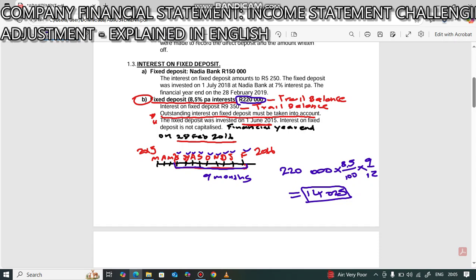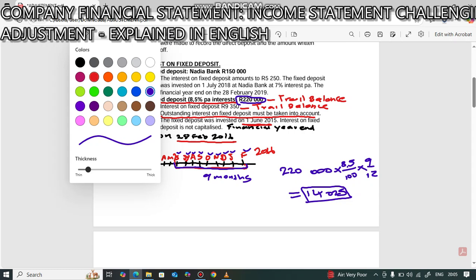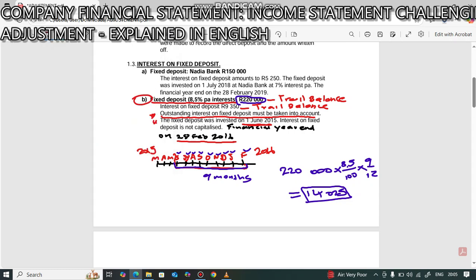So how do we record this transaction in our income statement? Let us say we're preparing the income statement. We are going to write the interest on fixed deposit in full, open bracket, close the bracket, and then write this total, the amount that was supposed to be received for 9 months.